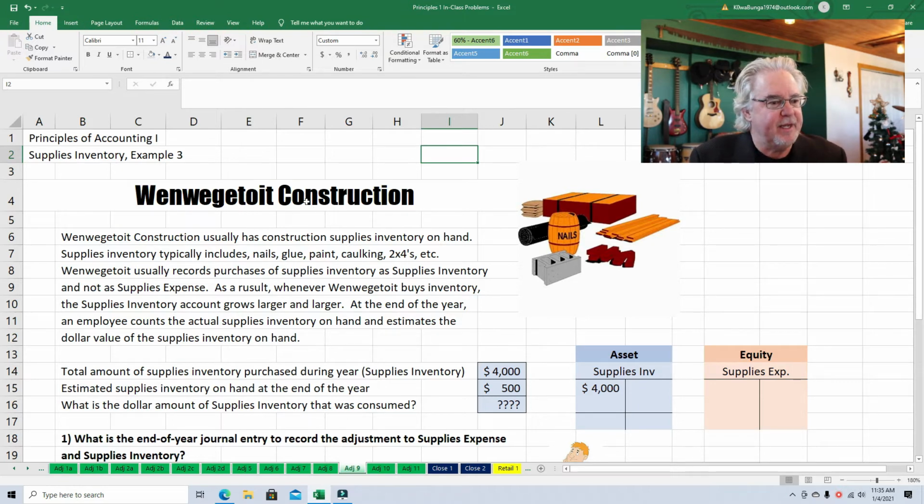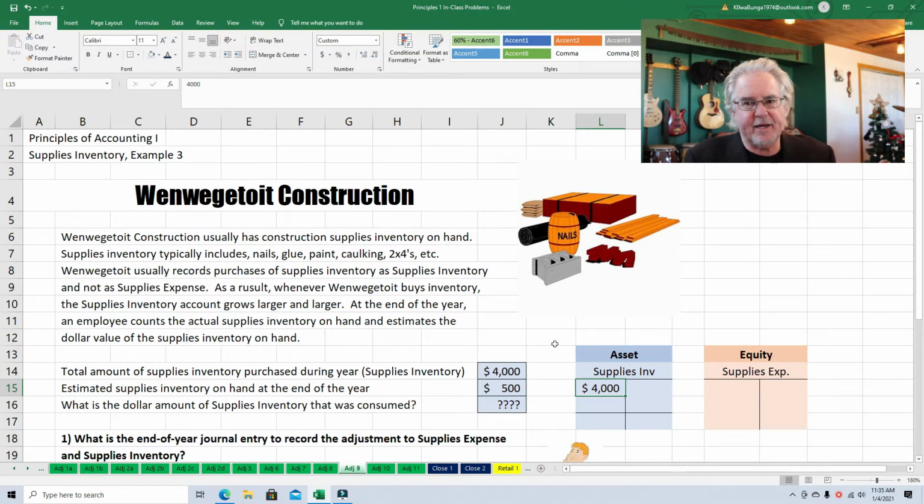All right, so here's the problem. During the year, the total amount of supplies that were purchased was $4,000, and sure enough, it's reflected in their account as a debit in supplies inventory. And this is an asset. Now here's the problem.